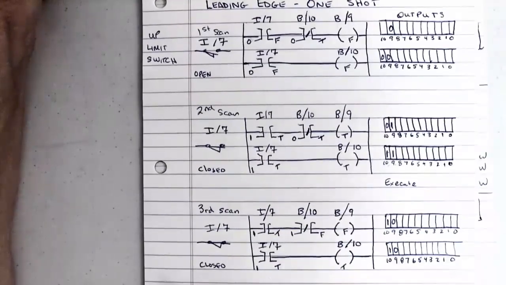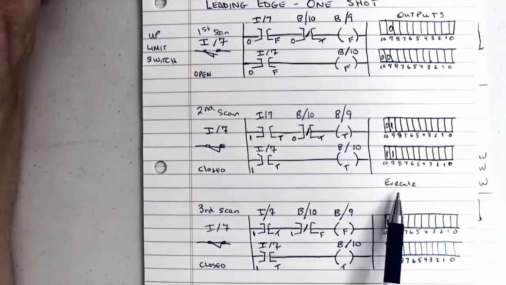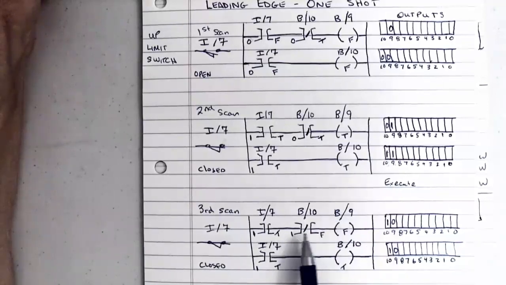Now the third scan is where it gets interesting. We're still leaving the limit switch closed, and so the input would be high, and that would go true. But if you've noticed, in the last scan, B10 went true.